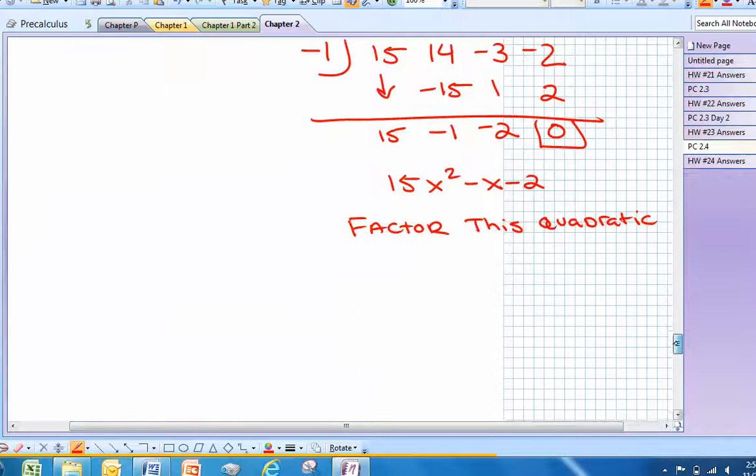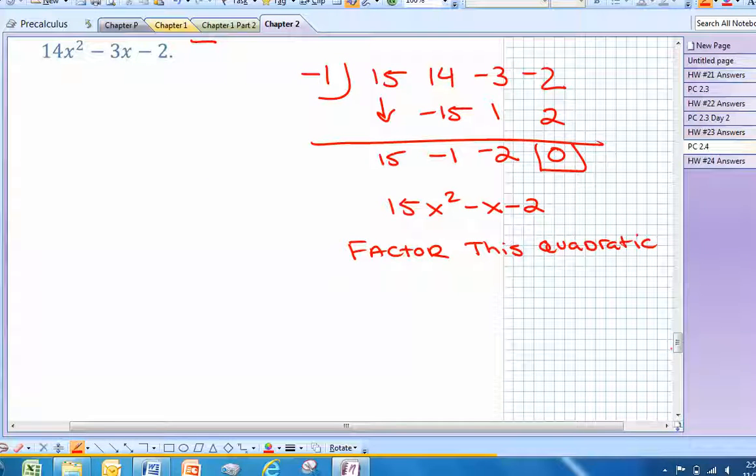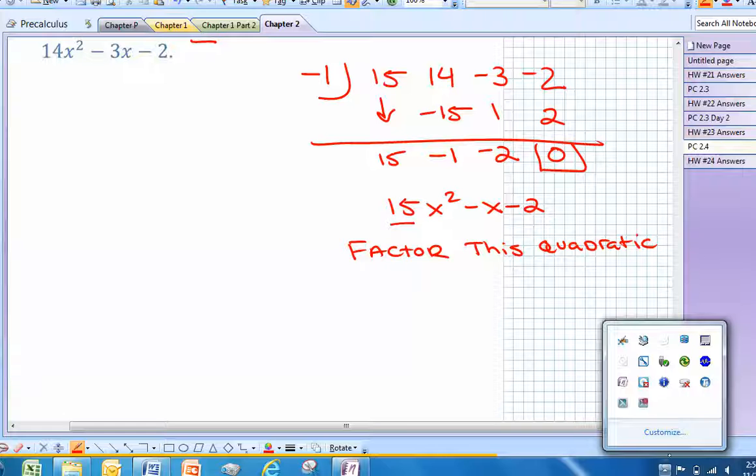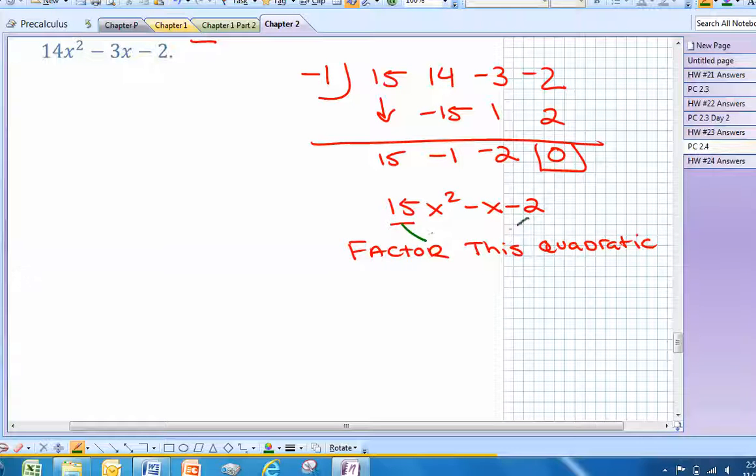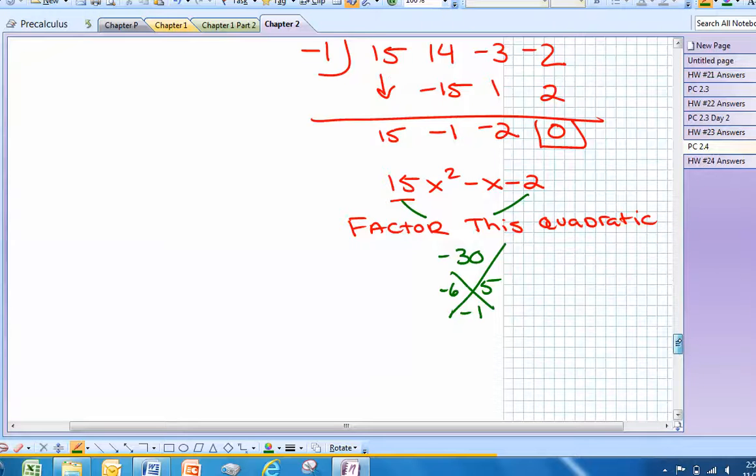So factoring the quadratic equation, and remember to factor this, since there's a 15 in front of the x squared, you go 15 times -2 gives you -30. And what are the factors of -30 that add to -1? They are -6 and +5.